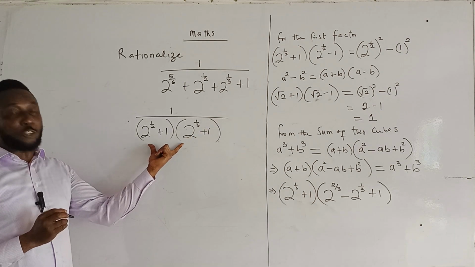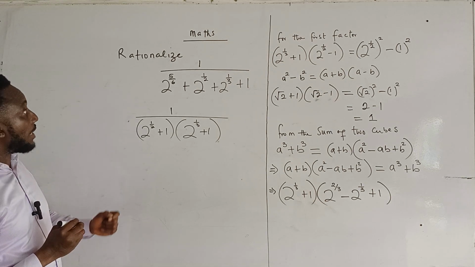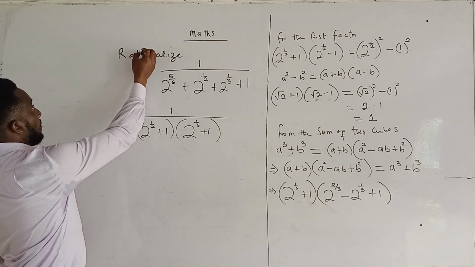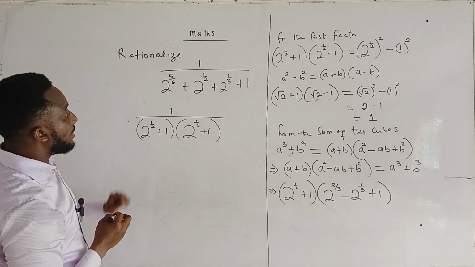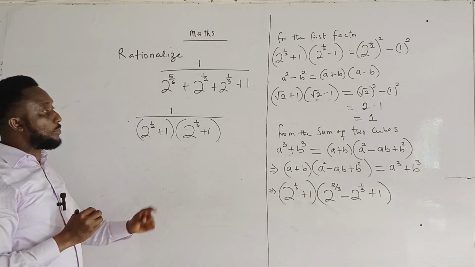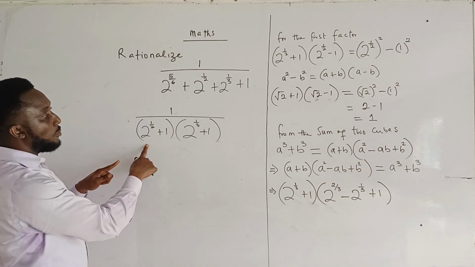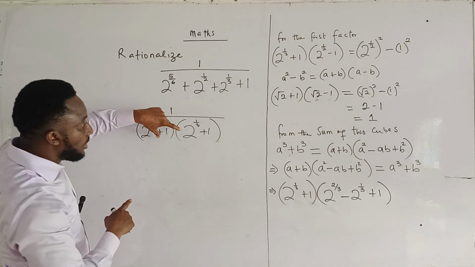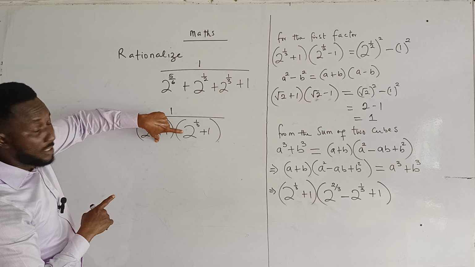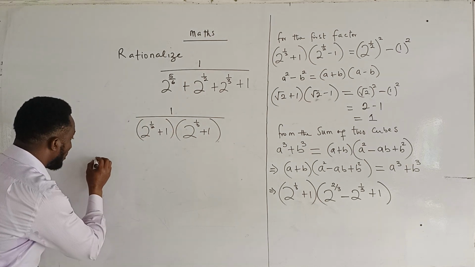So this is the surd we are going to rationalize. It means that I have to multiply this fraction, which has this radical on the denominator, by the conjugate of these two radicals I have here. So this is going to give me something very interesting.